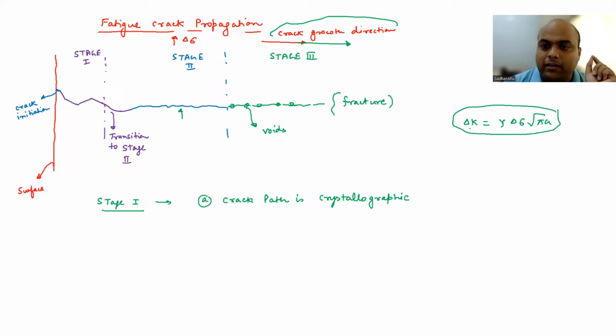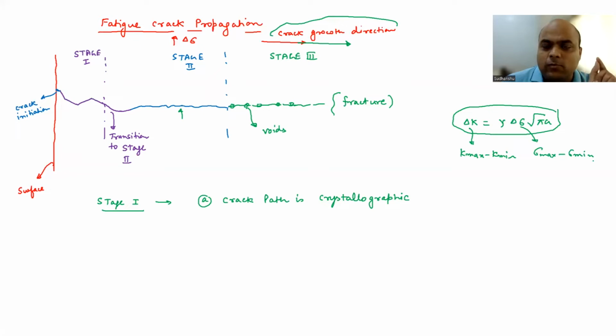Delta K is K max minus K min, and delta sigma is sigma max minus sigma min. Y is a structure factor and a is the crack length. Now we have an applied stress of delta sigma, and suppose we are doing a constant amplitude test, so delta sigma is fixed.